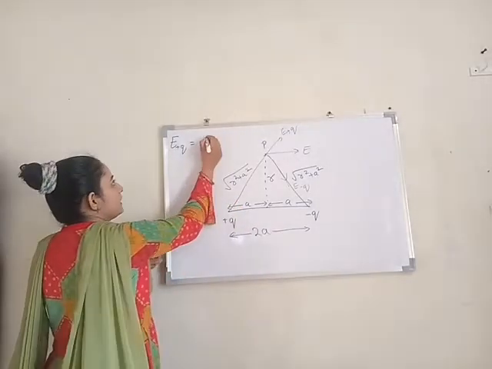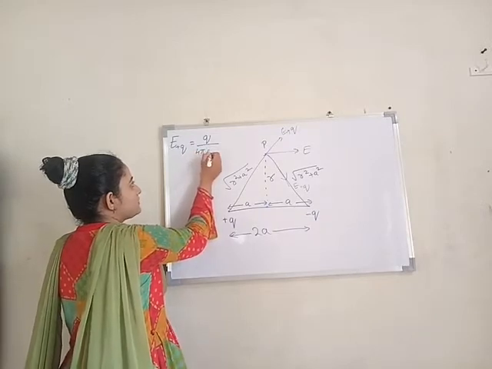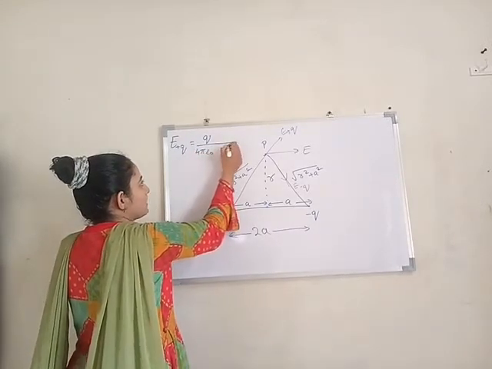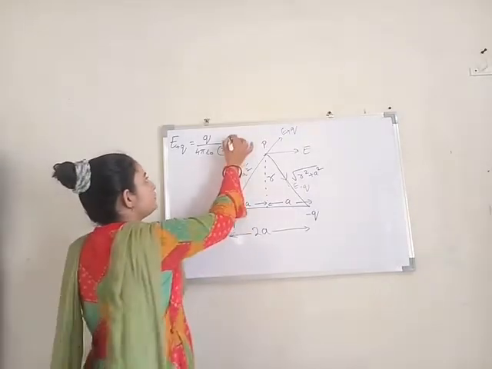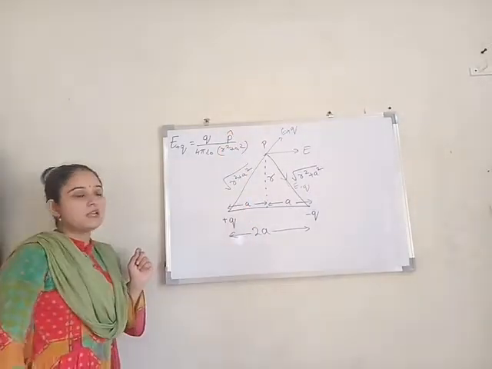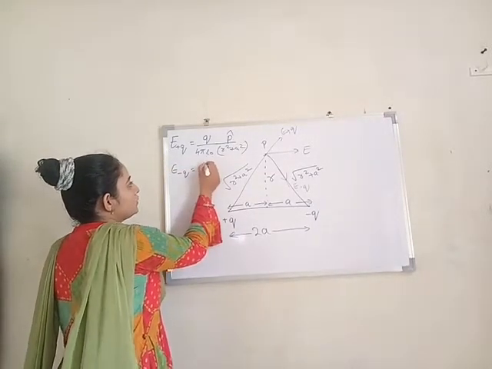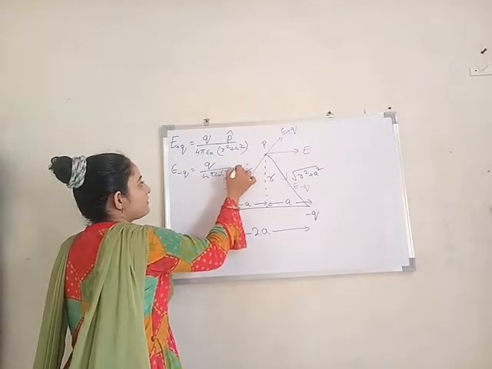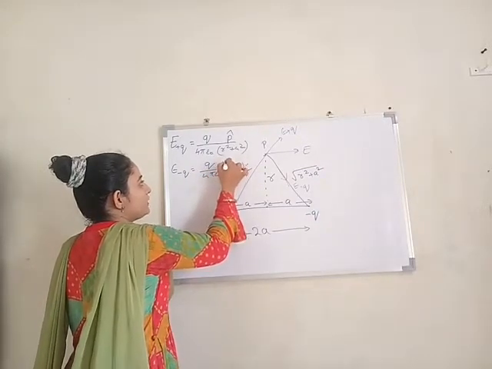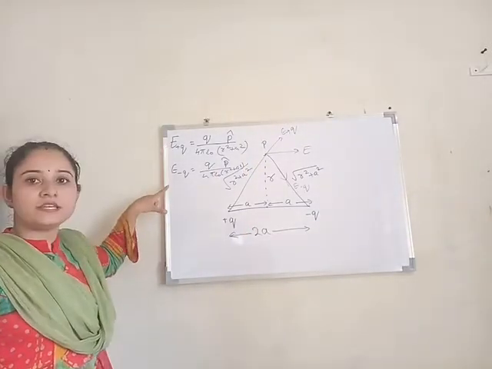That is q upon 4 pi epsilon 0 into r square plus a square, in the direction of unit vector p. In the same way E minus Q will also be equal to q upon 4 pi epsilon 0 into r square plus a square, into unit vector p. So this is E plus Q and E minus Q.